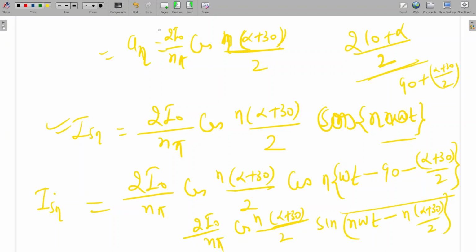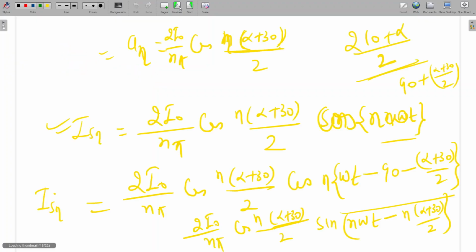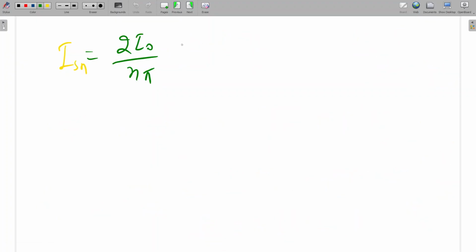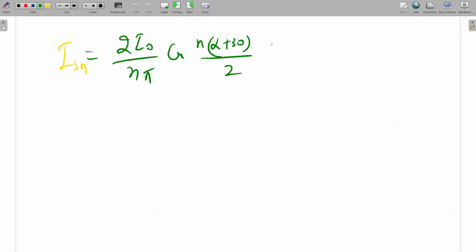So I'm going to write on the next page. I_sn will be equal to 2 I naught upon n pi cos n into alpha plus 30 by 2 into sine n omega t minus n into alpha plus 30 by 2.